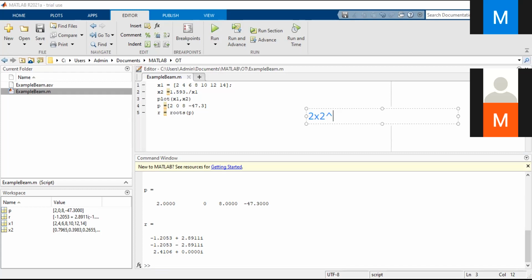Let me just write down that is x1 x2 into x1 square plus x2 square minus 47.3 is equal to 0. Okay, we have this equation.